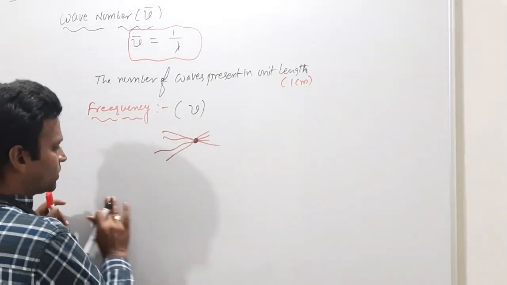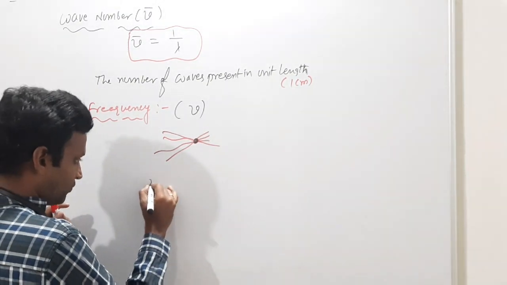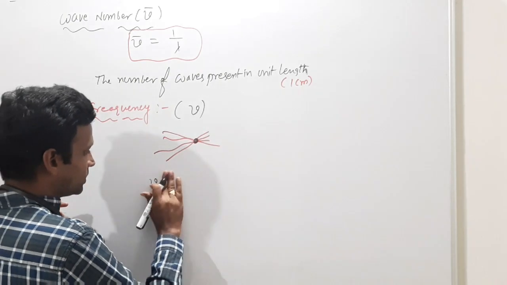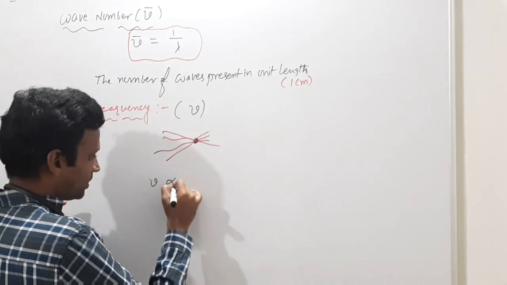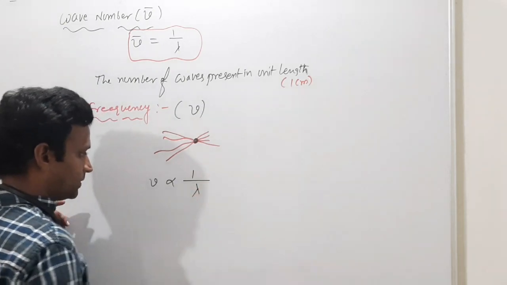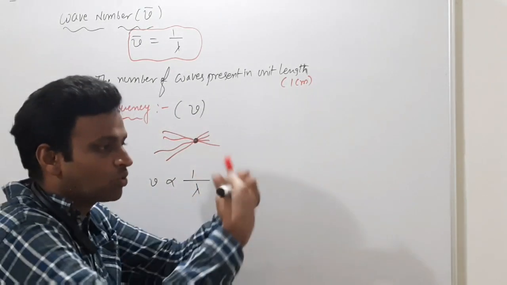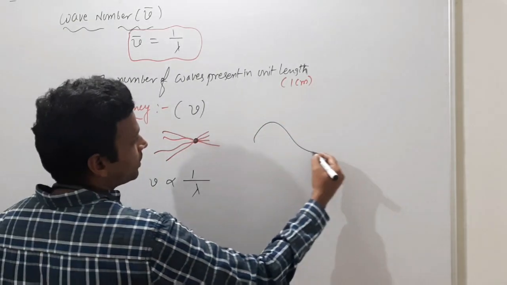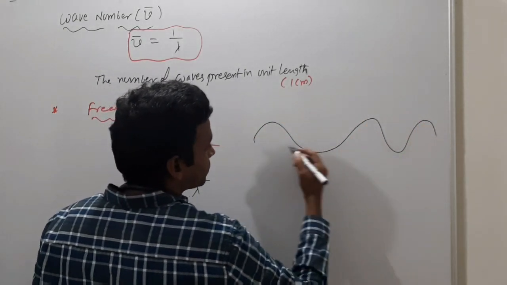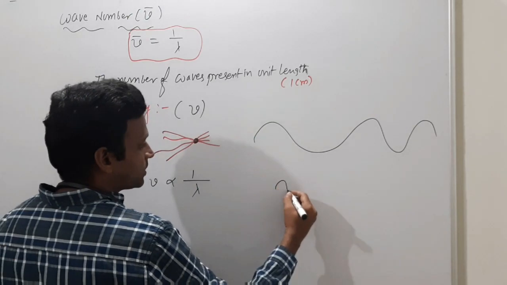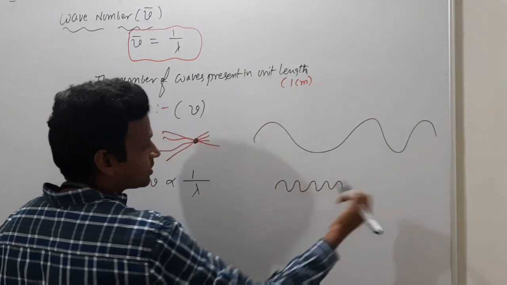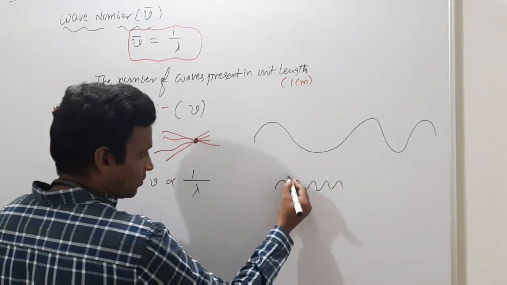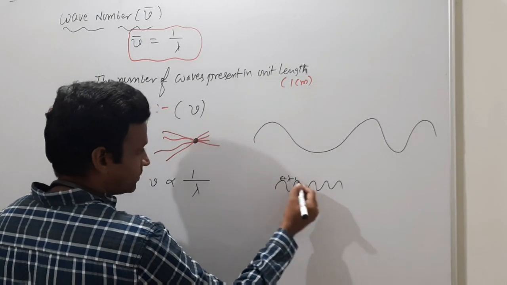Frequency has a formula. Nu is inversely proportional to wavelength. If the length is less, more waves will come. If a wave is traveling a long distance, it takes more time. If the wave is passing like this, it is fast, because the wavelength is less.